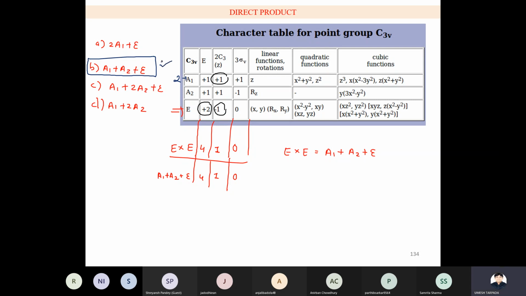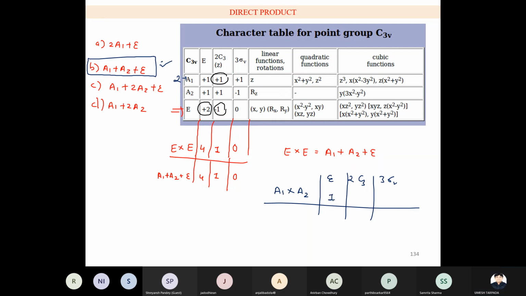So this is the way to write down the direct product. See, what is the direct product of A1 plus A2 in this case? What is the result of E, 2C3 and 3 sigma v? Let's see, how much will E be, the first entry? It will be 1. Yes, 1 into 1, that is 1.